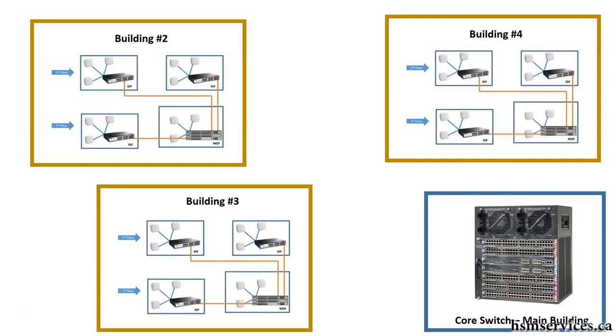So if we look at this scenario in more detail, we've got our core switch in our main building, and we've got several other buildings, and they've each got their own connection, and we just trunk them all together.